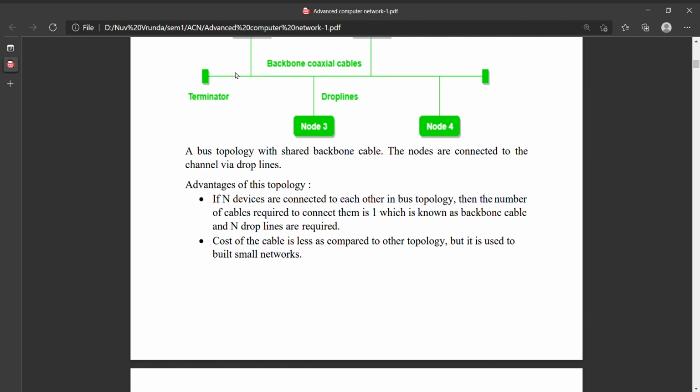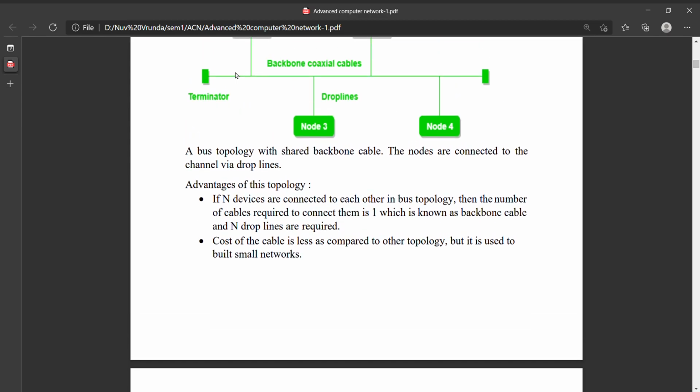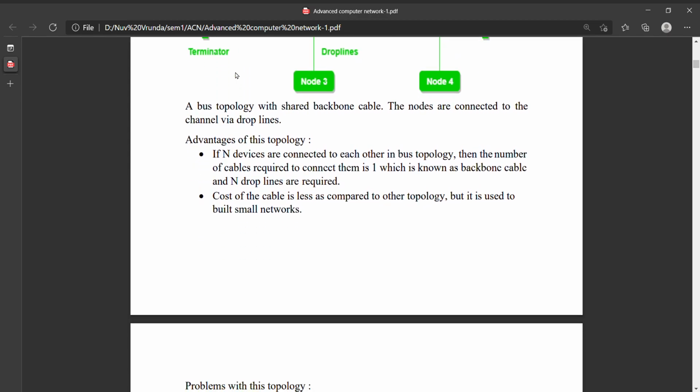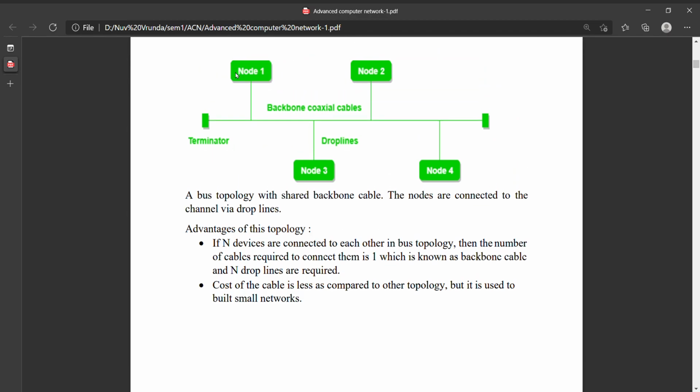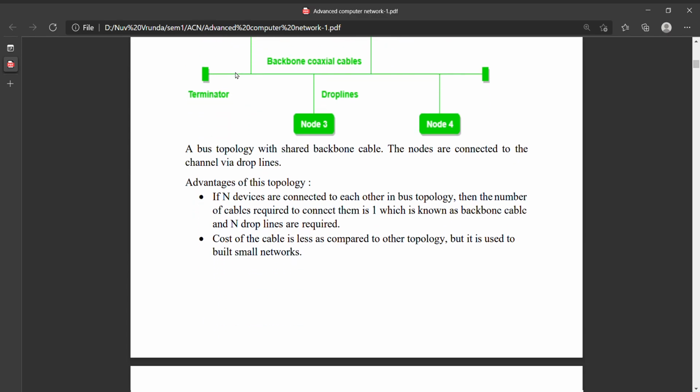The number of cables required to connect them is one, known as the backbone cable, plus drop lines. So we require n plus 1 cables if the number of systems is n. So more than one cable is required compared to star topology.